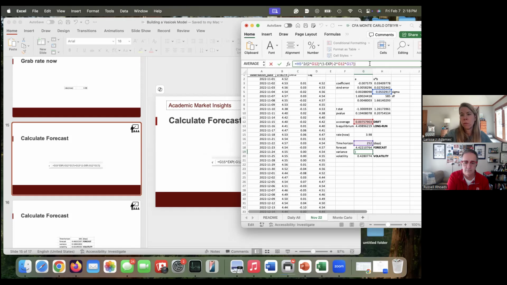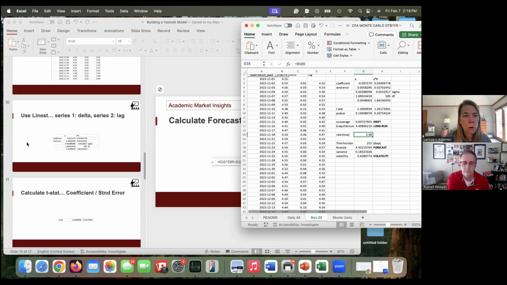Because it's variance, it's not as easily understood or quickly grasped. So if we take the square root, giving us a standard deviation, we end up with a volatility of roughly 43%. So we are definitely demonstrating quite a bit of volatility in this, but you can see that we've got an interest rate now of 3.98.